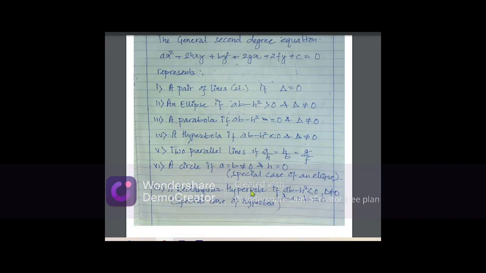And if a by h equals h by b equals g by f, then it represents two parallel lines. And a circle if a equals b does not equal 0 and h equals 0. This is a special case of an ellipse, and in the special case of a hyperbola, a rectangular hyperbola is represented if ab minus h square is less than 0 but delta does not equal 0 and a plus b equals 0.